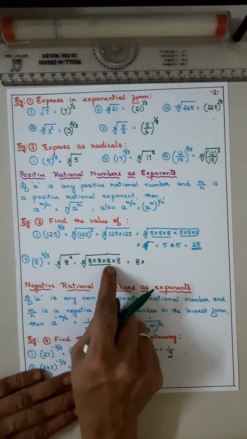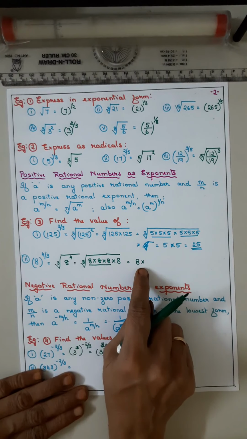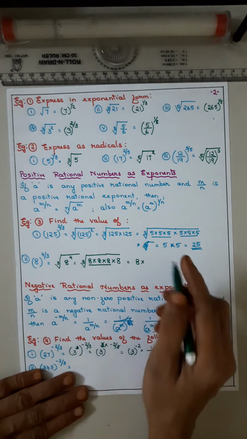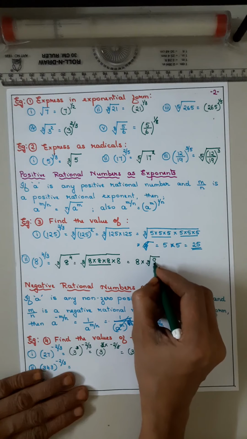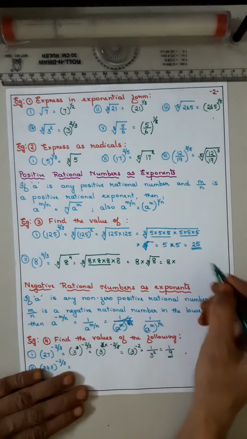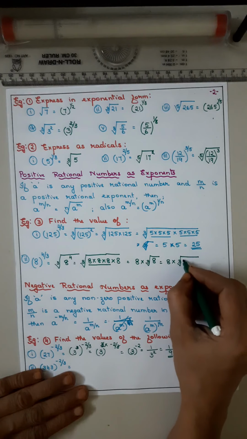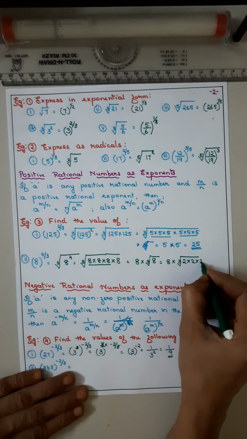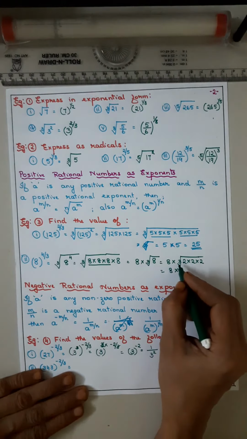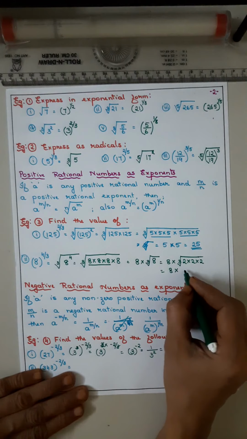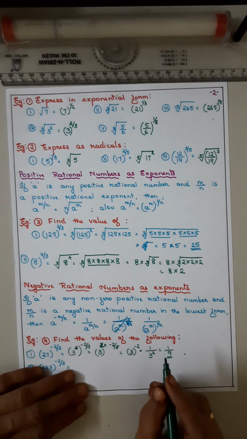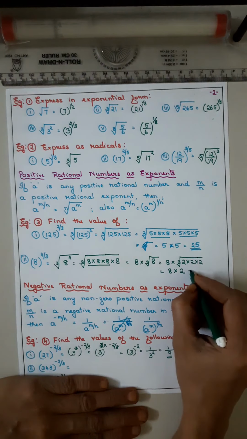Cube root of 8, 3 times. So the answer will be 8, and what is remaining? Cube root of 8. Now 8 into cube root of 8. Cube root of 8 can be written as 2 into 2 into 2. So again it will be how much? 8 into cube root of 2, 3 times, means 2. Answer is 2. Cube root of 8 is 2, isn't it? So now you got 8 2s are 16.